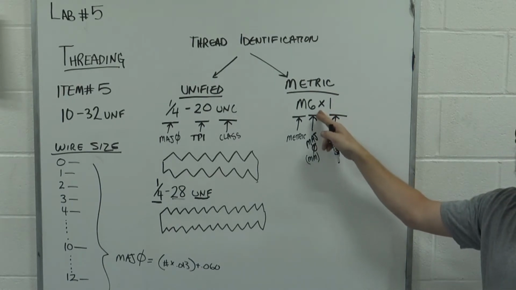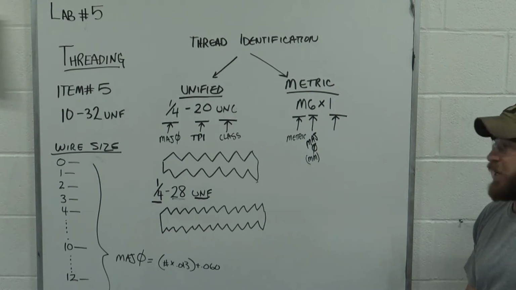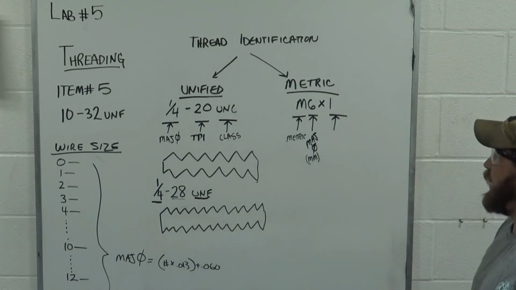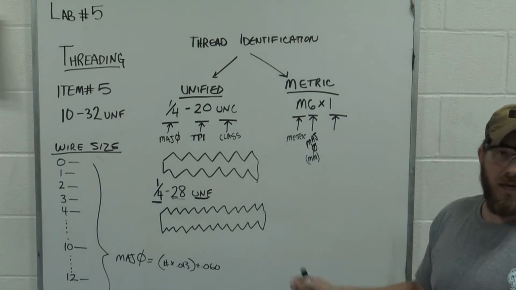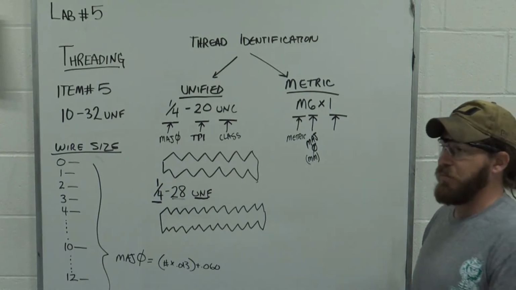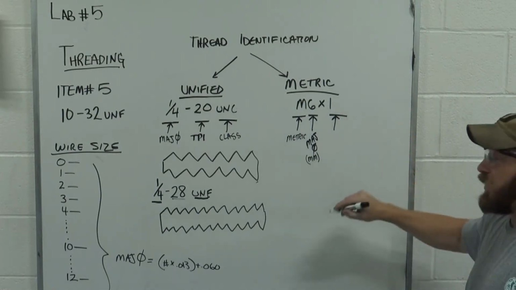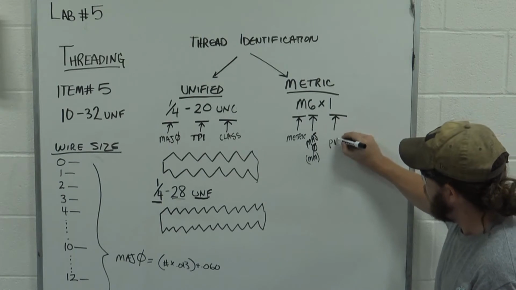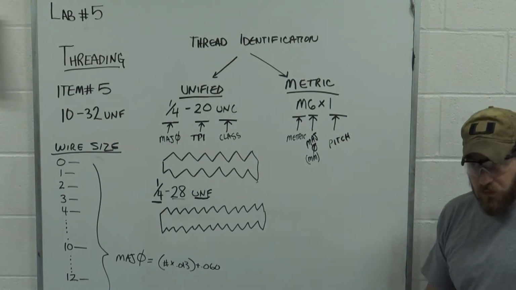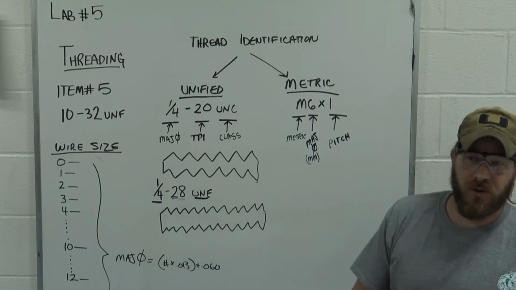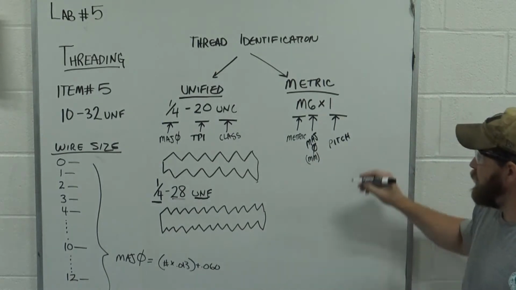The X over here is the visual that tells us we're dealing with metric. This 1 right here is not threads per inch, because we've got a metric thread here. It would be very weird to measure things in inches if you're dealing with metric. What this 1 is, is its pitch. That means from the top of one thread to the top of the next thread is going to be 1 millimeter.